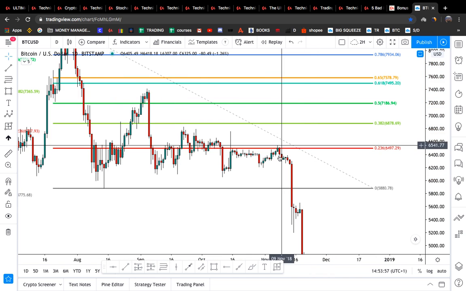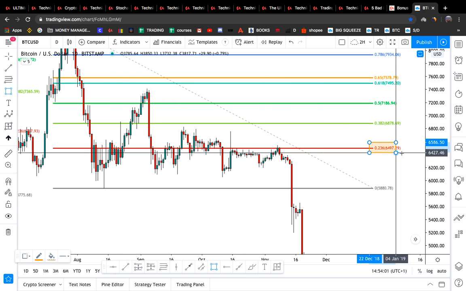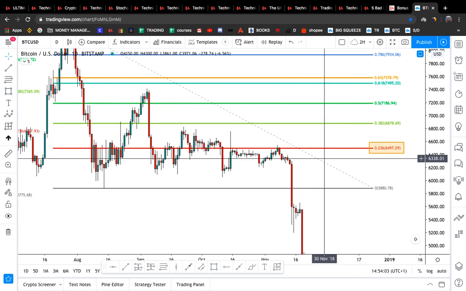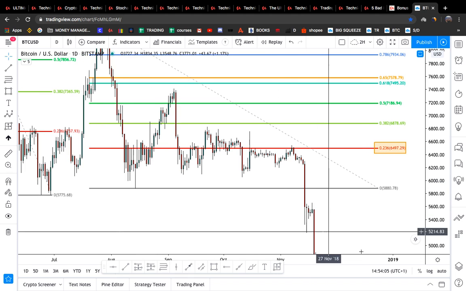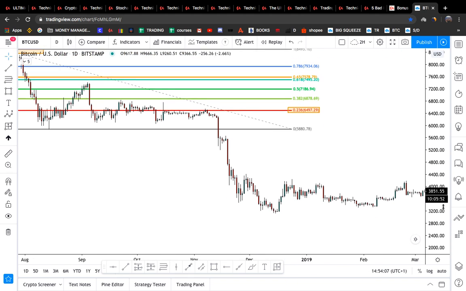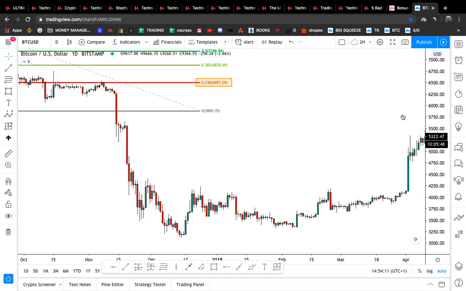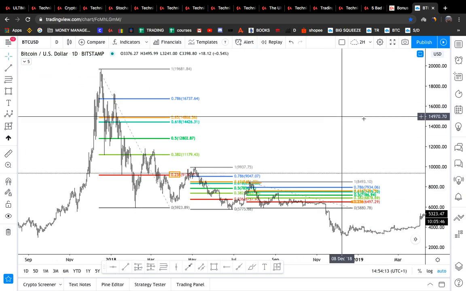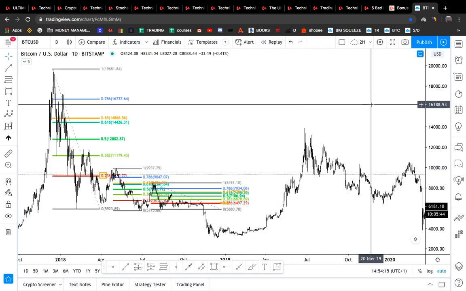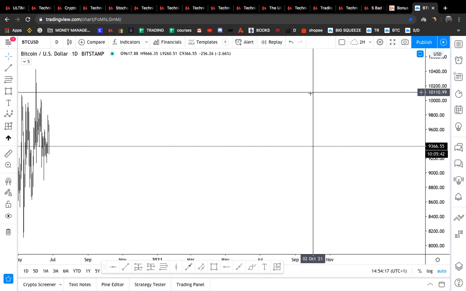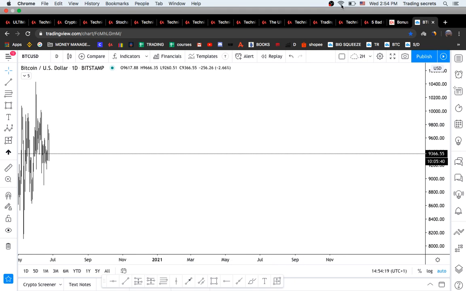Just exactly before the dump, it got rejected from our dump susceptible level, which is this one, and it made a lower low and it came down to 3000. We all know what happened, right? So I think this is enough for you to have an understanding of Fib retracement. So I'm gonna cut this video and I hope it was useful to you.